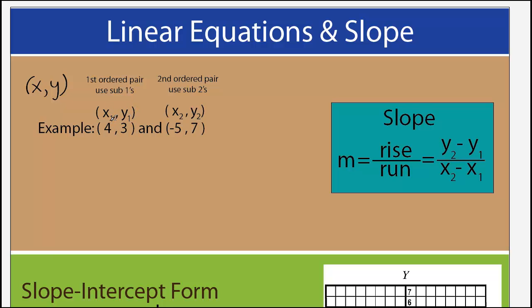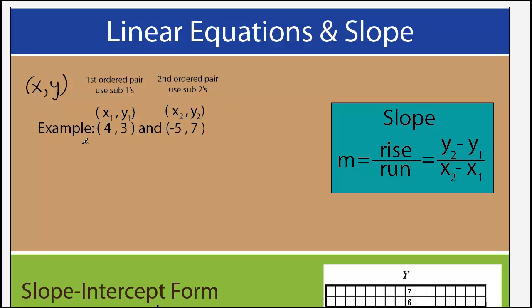Our x sub 1 would be 4 here, and our y sub 1 would be 3. Here is our second ordered pair, so we have x sub 2, which is negative 5, and y sub 2, which is 7. If we have multiple, we would just use sub 3, sub 4, sub 5, and so on.